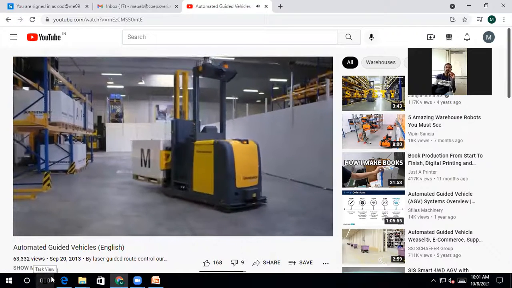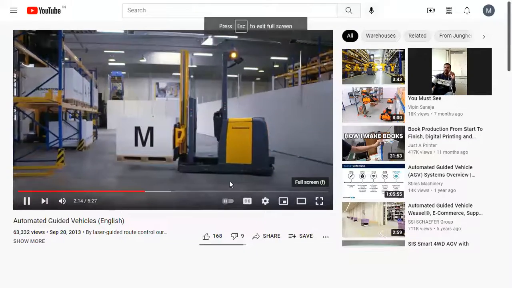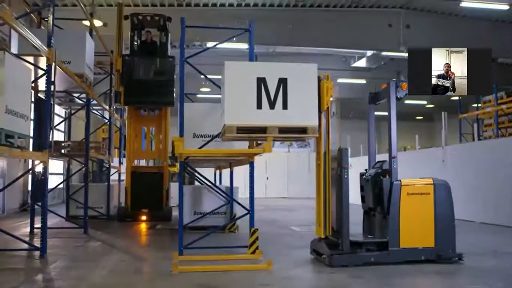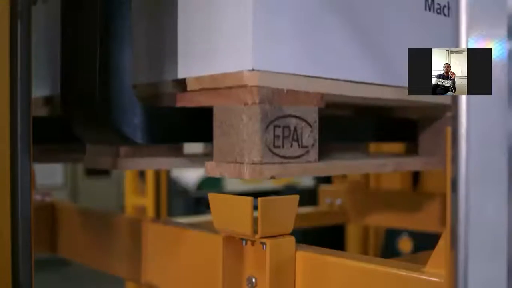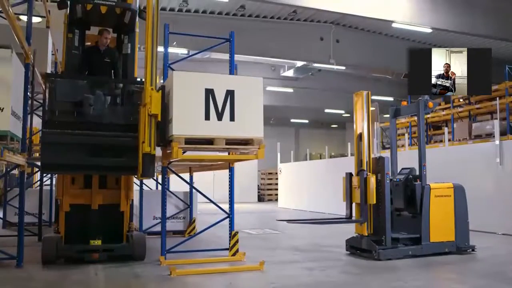Okay, you can see this one. This one is the forklift AGV. Means there is no driver to lift the load. It will lift from up to down.